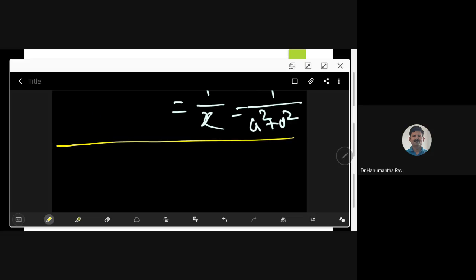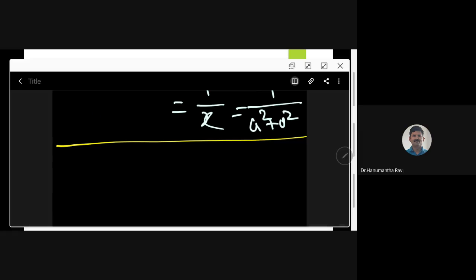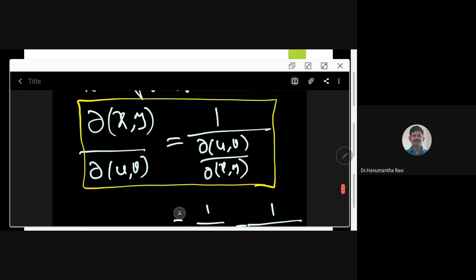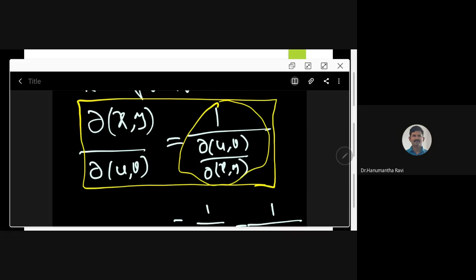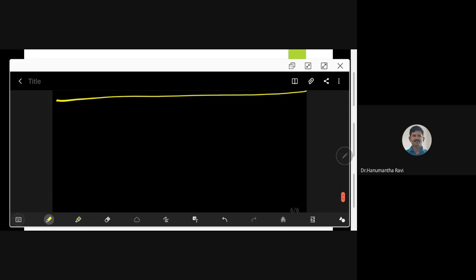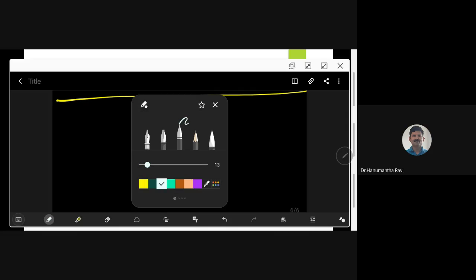I'll come to this point later, because I can demonstrate the way of obtaining this one. Using this formula, you can obtain this. That's one way, and the other way is you can also obtain like this.